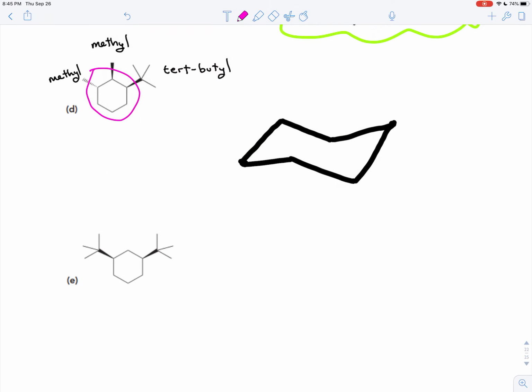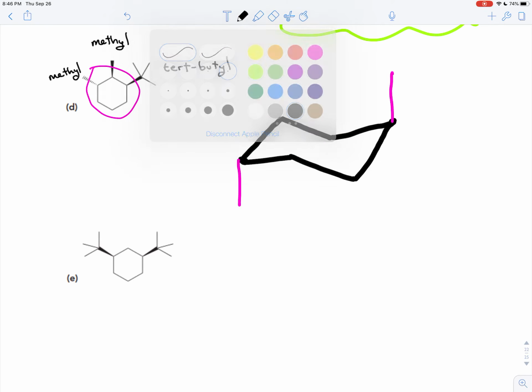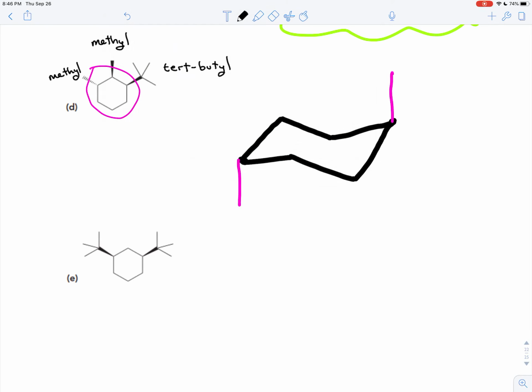Now remember our little rule of thumb. The side of the ring that's pointing up has axial going up. The side of the ring that's going down has axial going down. If we want the tert-butyl equatorial, we have to decide first what's going to be up and what's going to be down. And you can decide either way. You just have to be consistent.